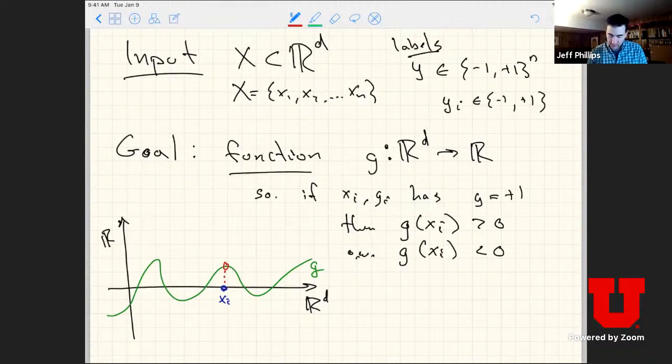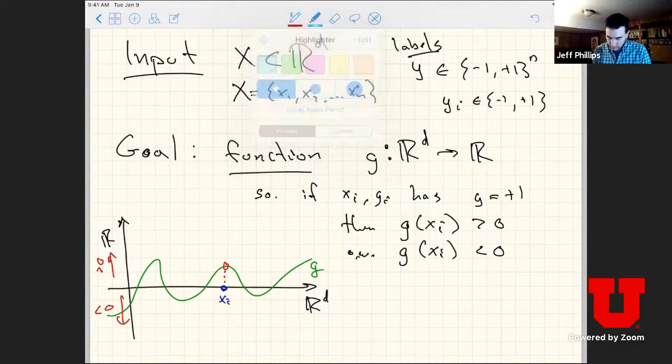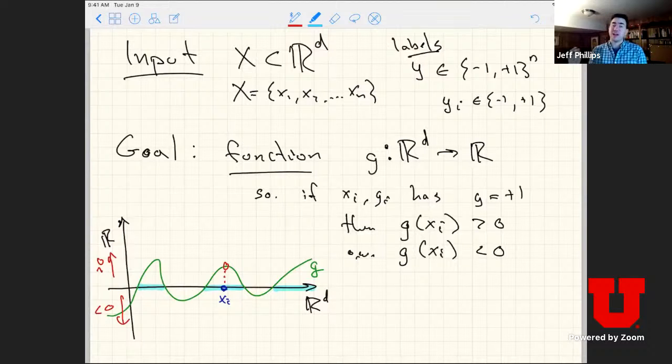And so if you look at this x-axis, this is greater than 0, and this is less than 0 down here, right? So you could think of the positive points as being, right? So these points are where g is greater than 0, and we predict any of the x values in here as being positive, and then any of the x values in these pink regions as being negative, right?